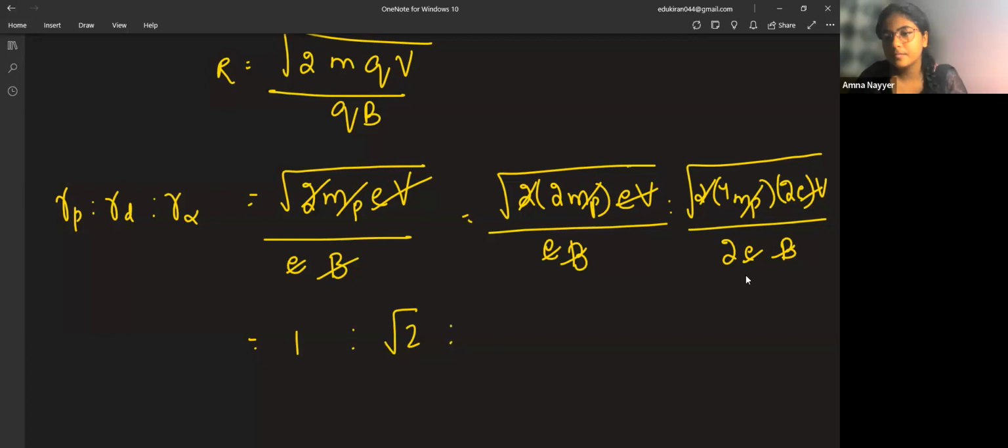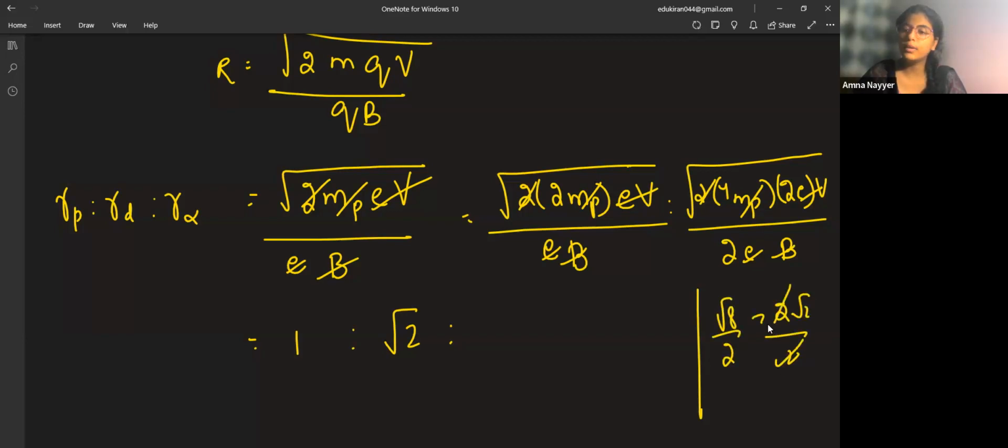From here, this is root 8 by 2. See, this is root 8 by 2. So 2 root 2 by 2, 2 get cancelled. Again, root 2 is left. This is the answer.